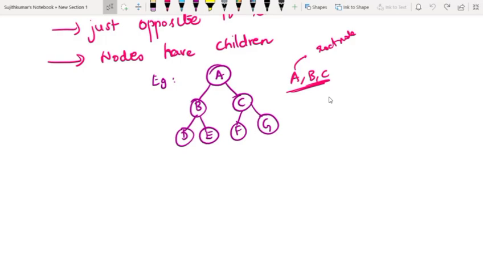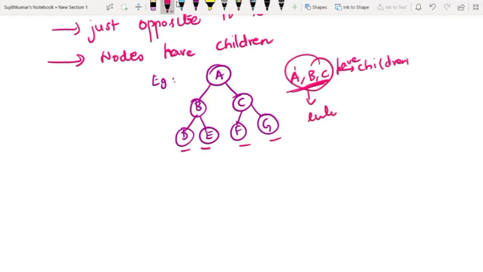So A, B, C are the internal nodes here, because they have children. B has D and E, C has F and G. So A, B, C are called internal nodes, or non-leaves. Both are correct, right?